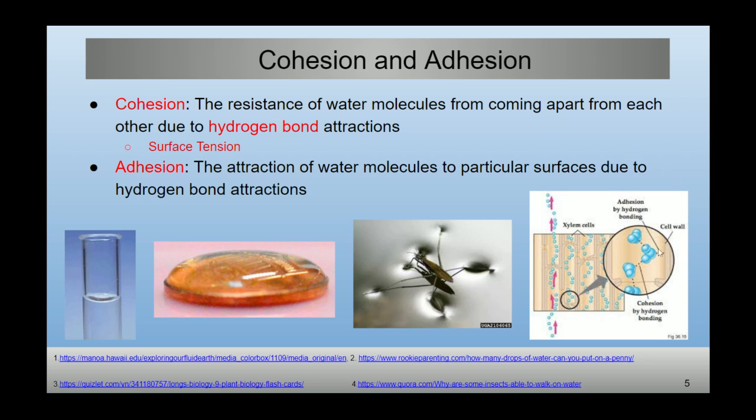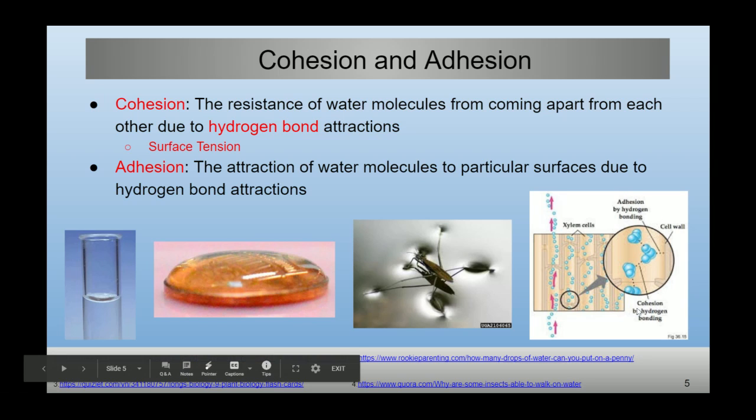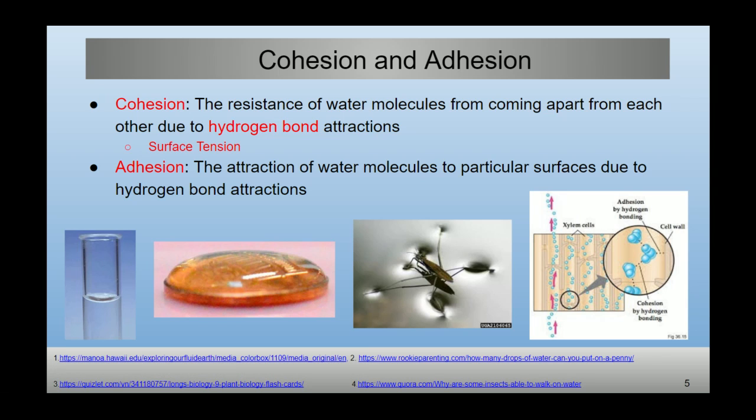The final example shows cohesion and adhesion working together for a very biologically significant process: getting water up the xylem, which are in the stems of trees, to deliver the necessary water to the leaves and branches above.